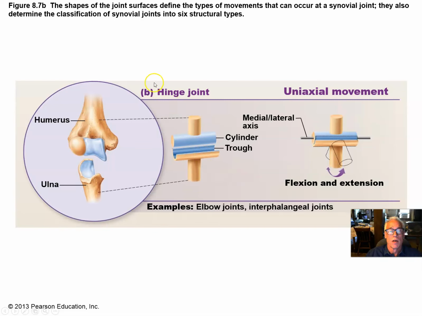The movement occurs as the two bones remain in the same plane. So just flexion and extension are the movements that are allowed. These are terms that we had in the previous section in terms of describing the types of movements. Uniaxial, though, is another way of describing the type of movement in that there's, again, one plane. The axis about which the joint moves is in one plane.